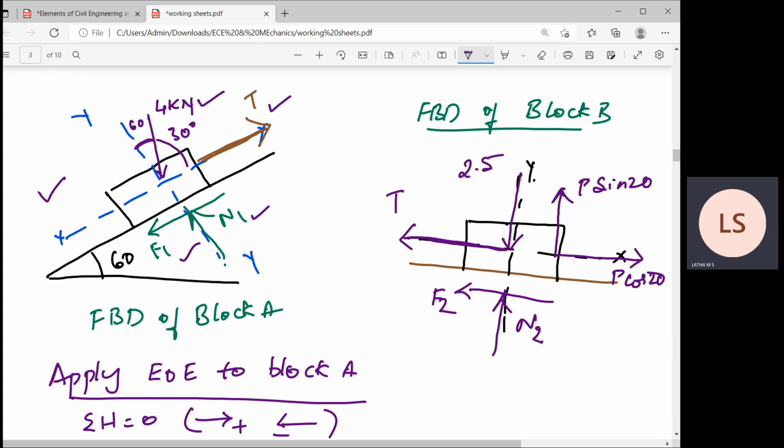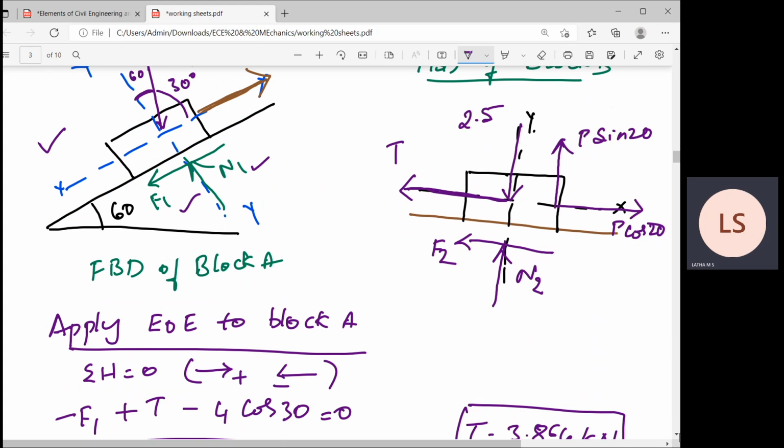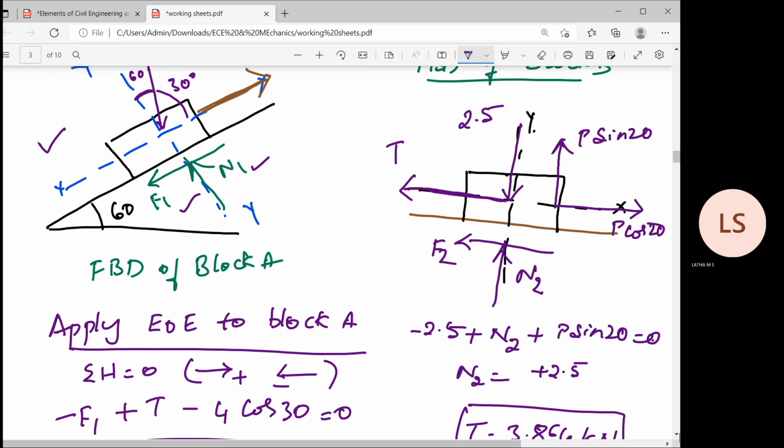So I'll write the equation here only, it is more comfortable writing here. So sigma V I'll apply here. So minus 2.5 plus N2 plus P sin 20 equals to 0. So N2 is equal to plus 2.5 minus P sin 20.